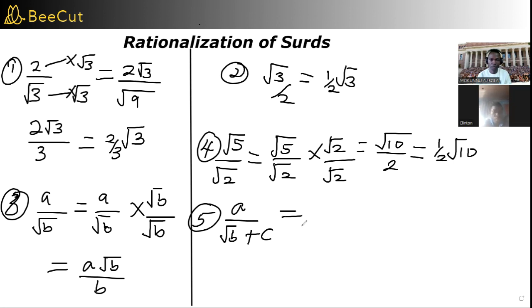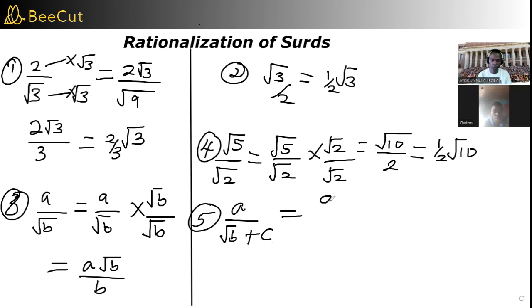If you want to rationalize this, you're going to use the opposite of the denominator, and that opposite is called the conjugate. So what is at the denominator is root b plus c. Then the conjugate will be root b minus c.